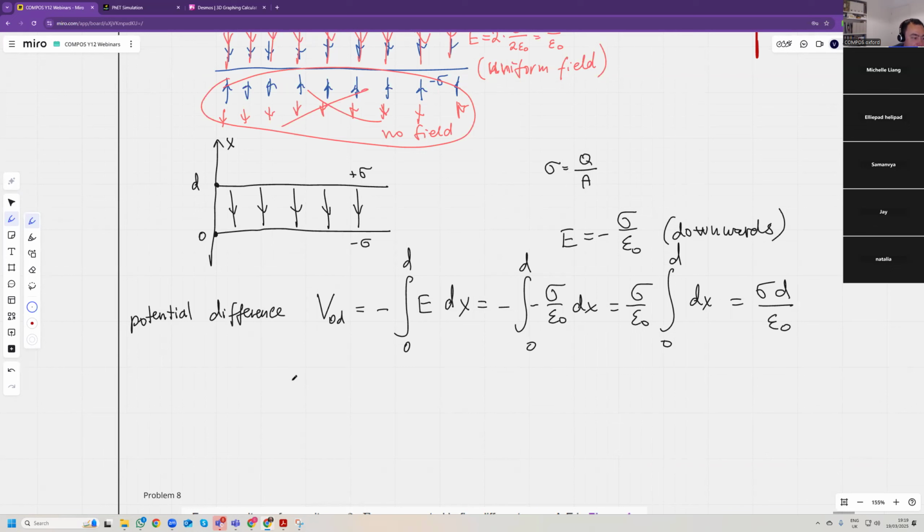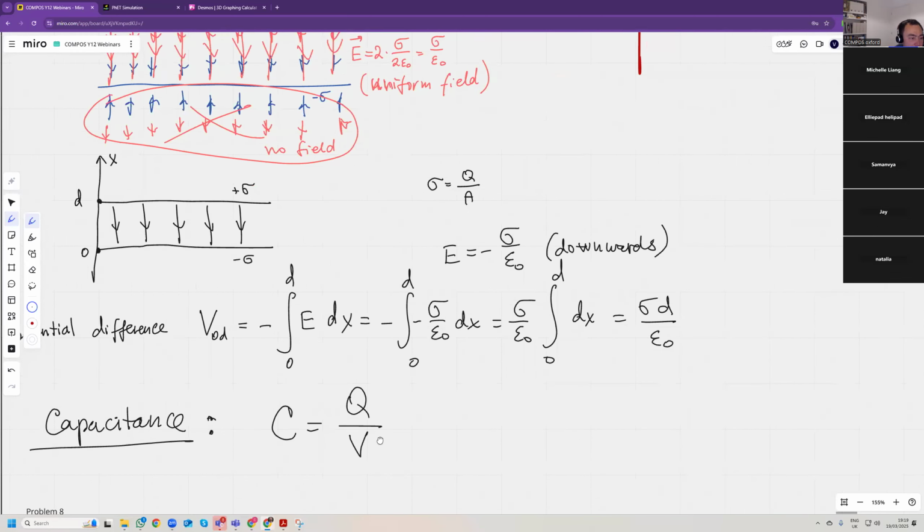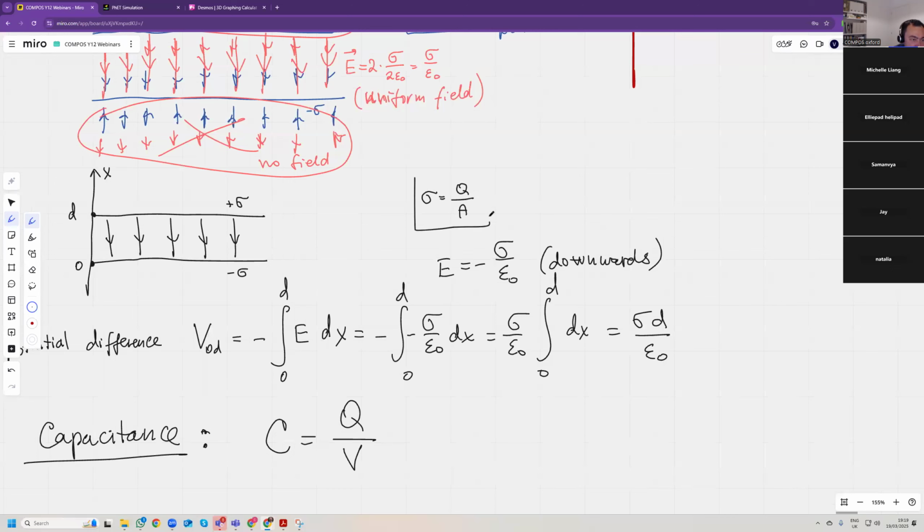And now we have the capacitance. Capacitance is defined as C equals Q, the charge on each plate, divided by V. But remember that sigma is Q over area, so Q is sigma times the area of the plates.